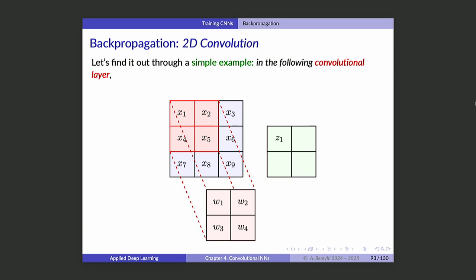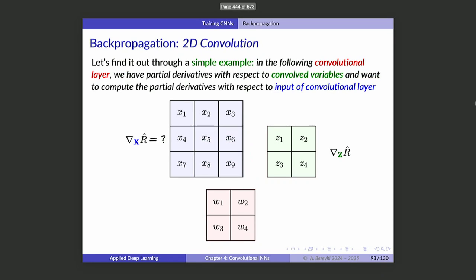Z1 is basically these weights multiplied with these inputs added up. Z2 depends on these, Z3 on these, Z4 on these. Now assume I have the gradient with respect to Z, the output of the convolution. I want to know the gradient with respect to X, the input of the convolution. Everybody's clear?